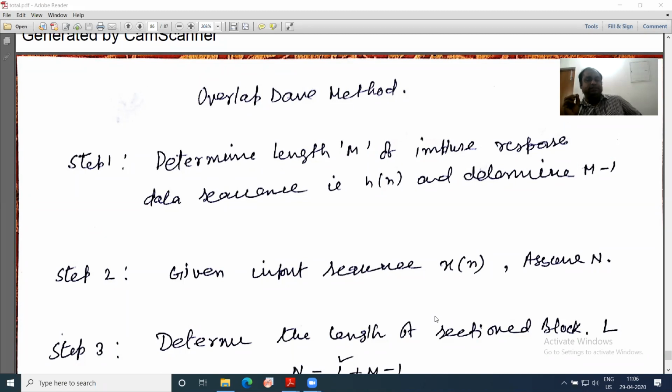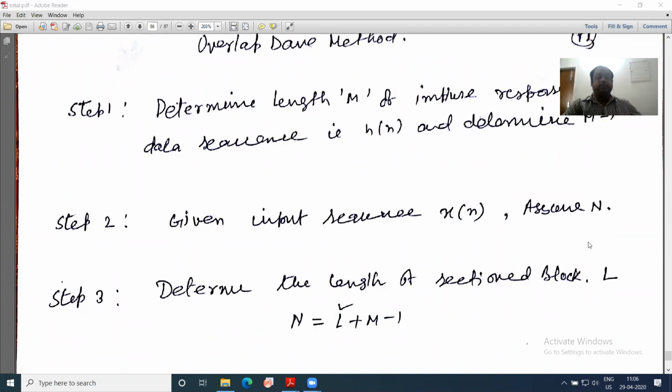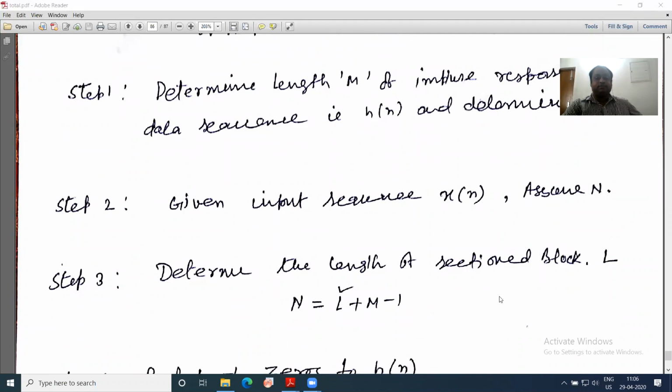Now in this case also, first hn is given, from that you identify the value of m. Once you identify the value of m, then from the given data xn, you have to take the block length. Now suppose each section having length L, that block length you can find using this equation.